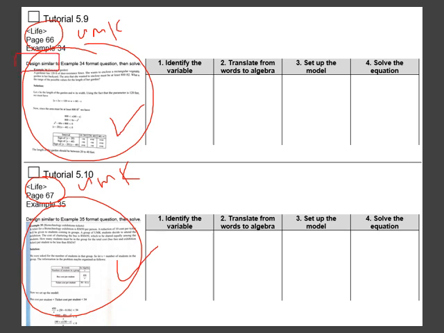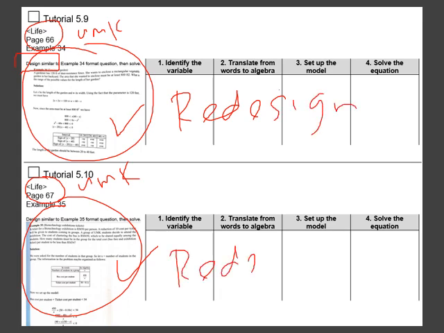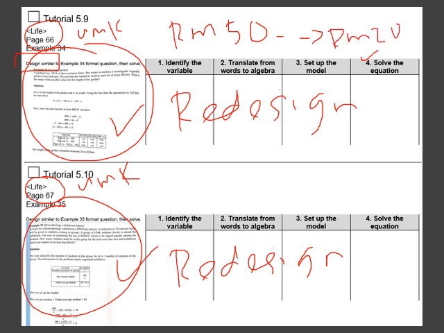You are not solving the problem. You redesign the question. If you want an easy redesign, let's say the question mentioned RM50, you just change it to RM20 and then you solve it.